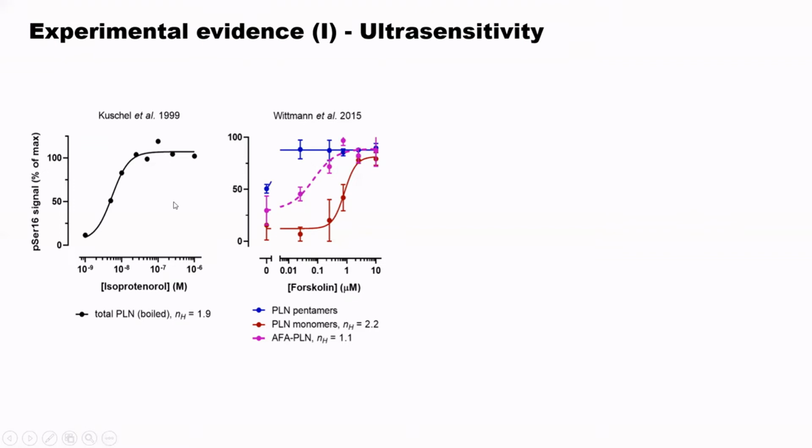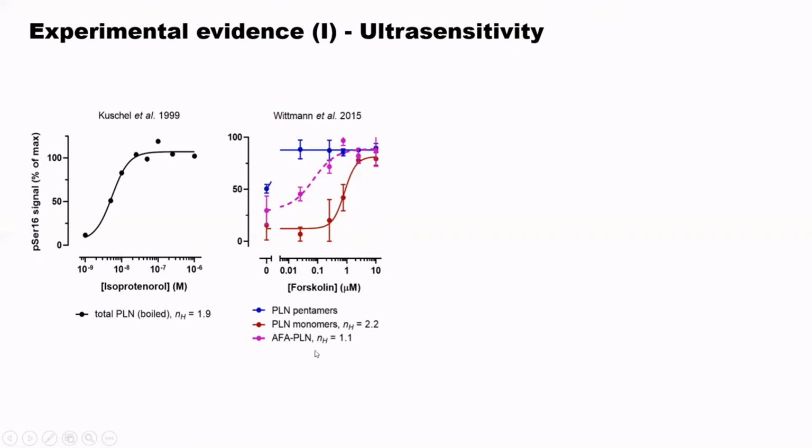What I found is that indeed in several of the published dose responses, I could find Hill coefficients of about 2. In particular, what was quite interesting was that this study here from the Schmidt lab found that ultrasensitivity also seems to depend on the presence of pentamers.